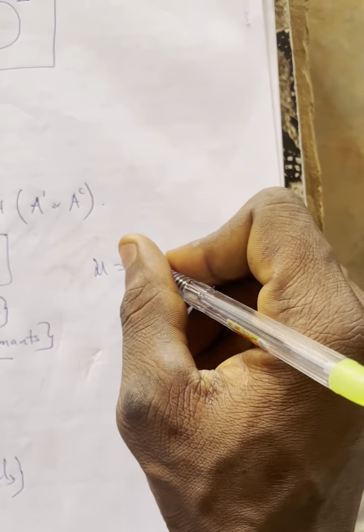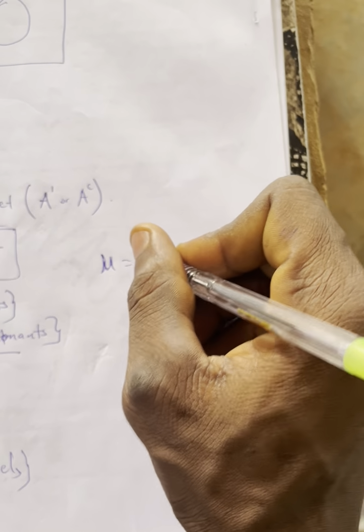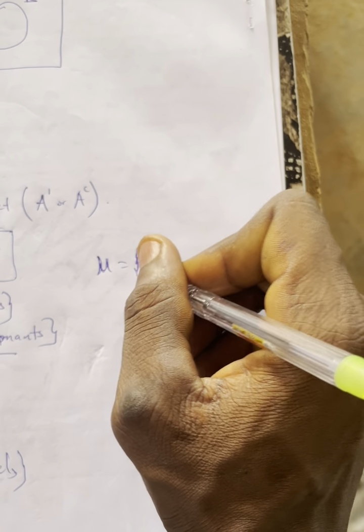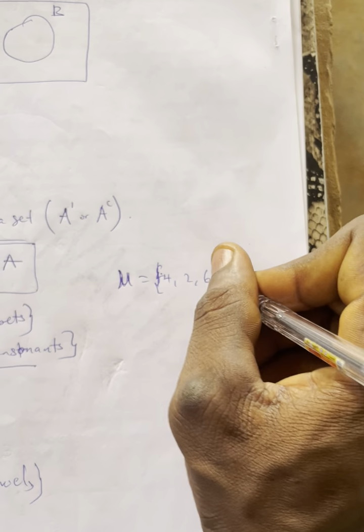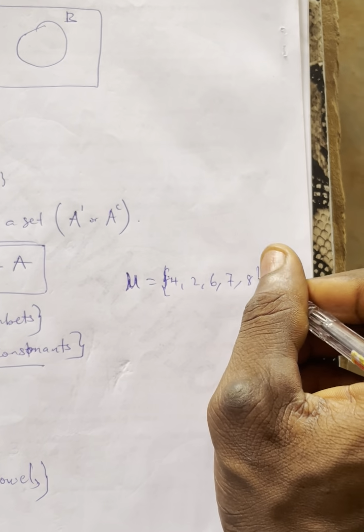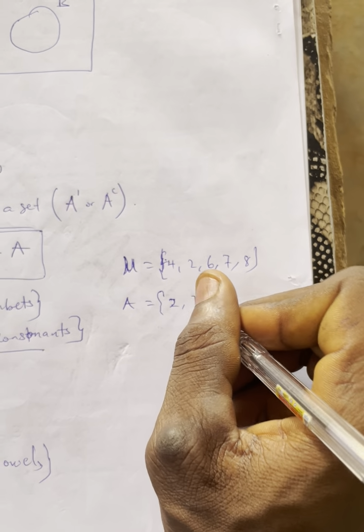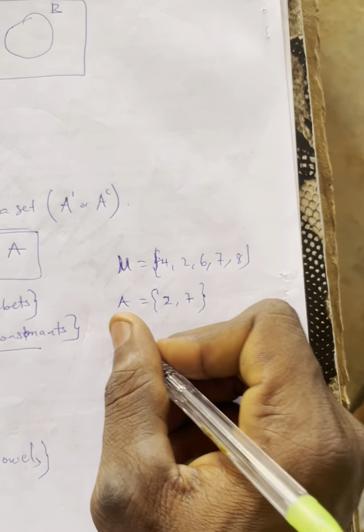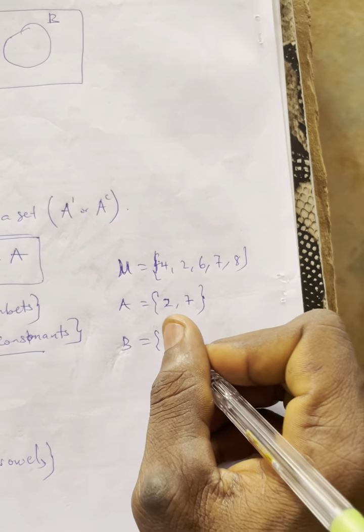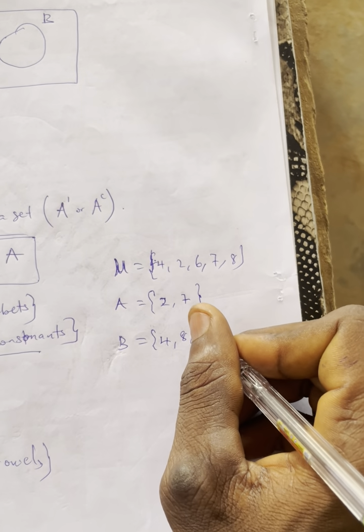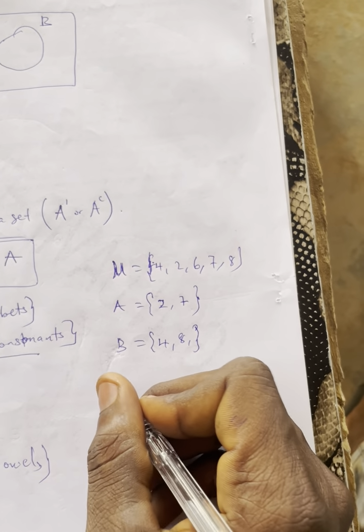Now another one is that if you have the universal set to be, let's say, 4, 2, 6, 7, 8, and you have A to be equal to 2, 7. Let's say you have B to be 4, 8. Then they ask you, what is A complement?